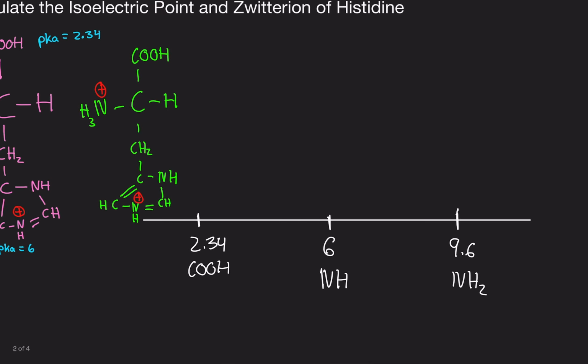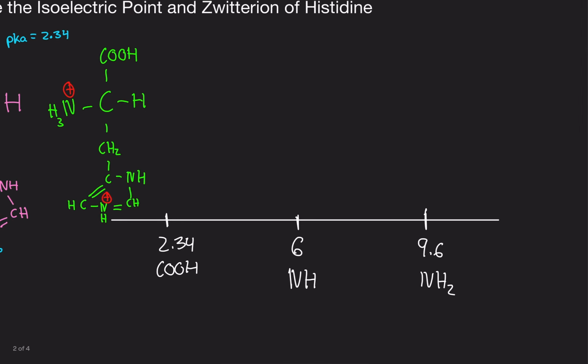So now let's do the opposite. We're going to go all the way to the right-hand side and deprotonate everything we can. Okay, now this is just a lone nitrogen.